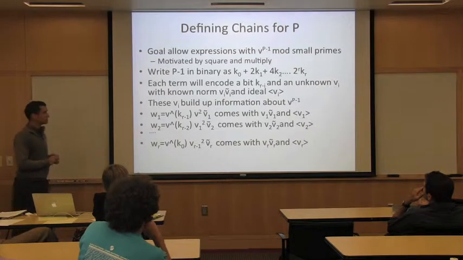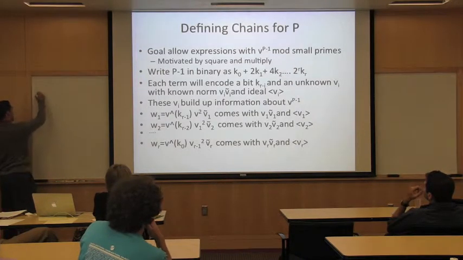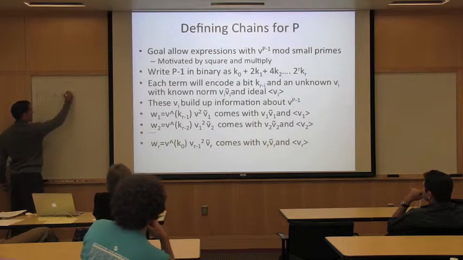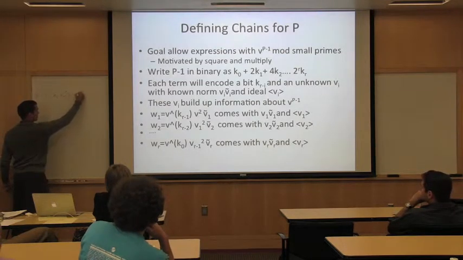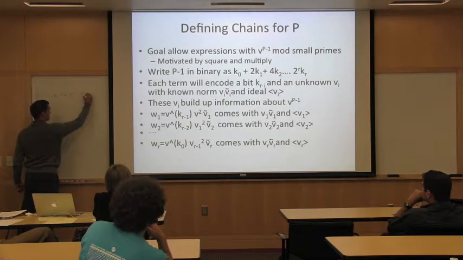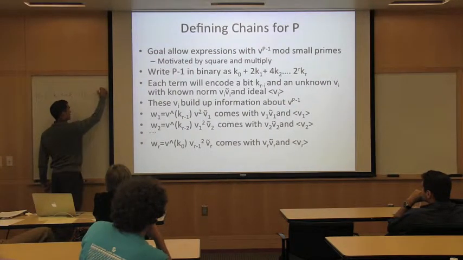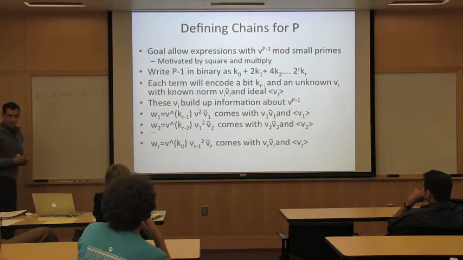So I might as well write this down, because we're going to have to use the bit representation of p minus 1. That's going to be k0 plus 2 times k1 plus 4 times k2, up to 2 to the r times k_r.